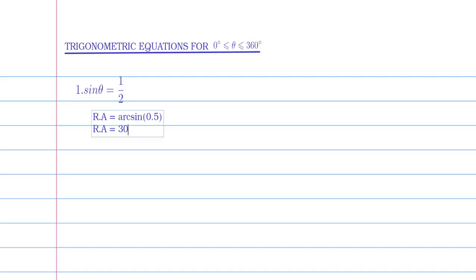Now, is it that when I put 30 here, I'm going to get 1/2? Or how then do I find the angle from the reference angle? What you need to recall is the cast diagram.